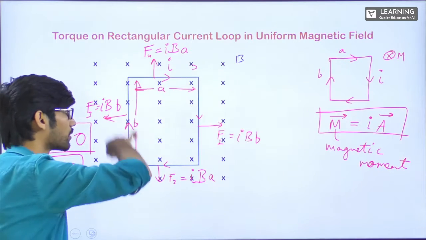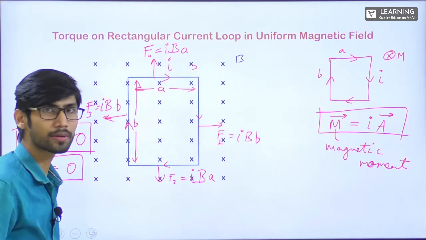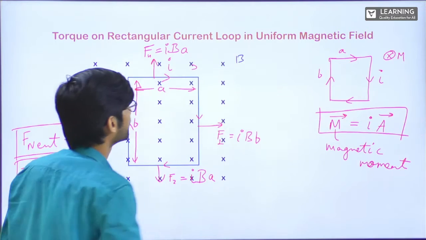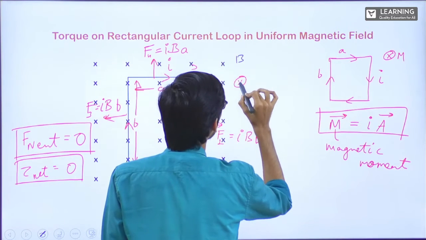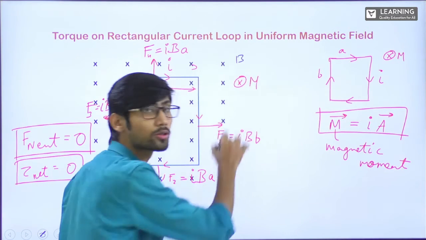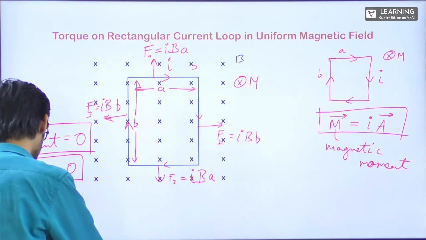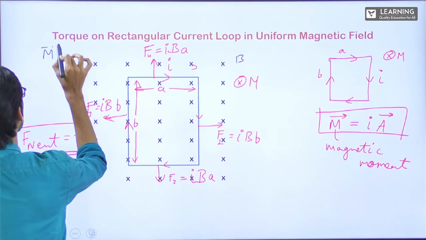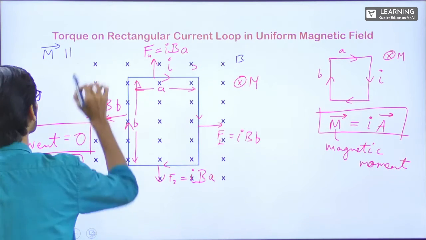So here basically, the main thing is why I told you this M vector. For this loop, what is the direction of M vector? Inside. M is inside, B is also inside. So basically here, M vector is parallel to B vector.